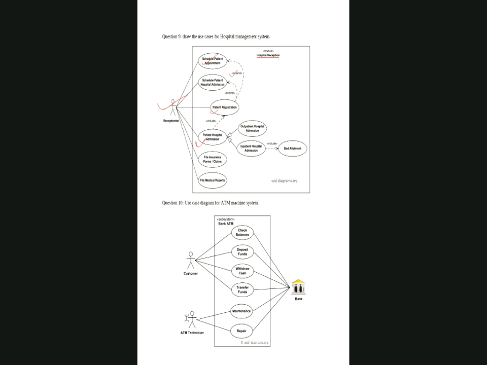It happens in real time that many times we lose appointments. Now schedule patient hospital admission also: here the patient is advised to get admitted to the hospital, then he says, no, I'm okay, I don't want to get admitted. So there are some chances, otherwise in a serious case we cannot say. In patient hospitalization in an emergency case, you will not send the patient to do registration. It is included. What is included? Patient registration is included.